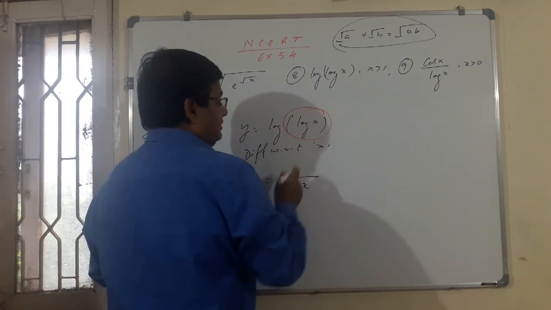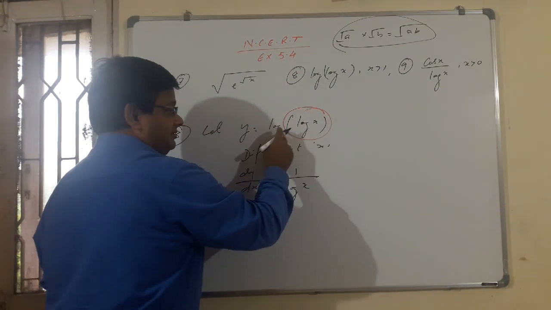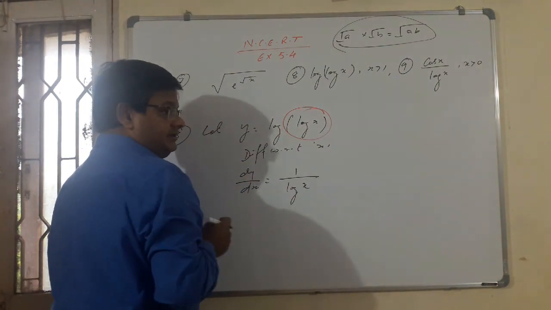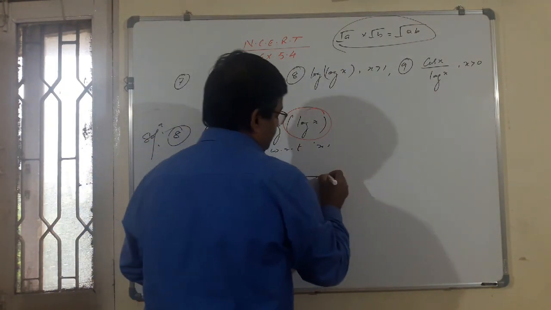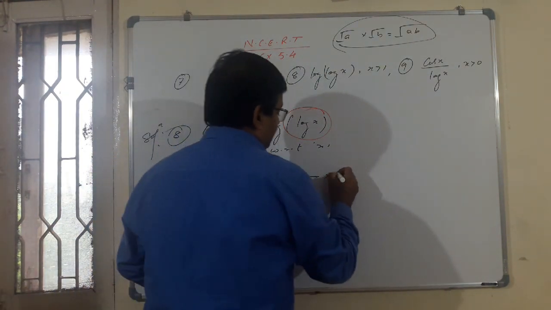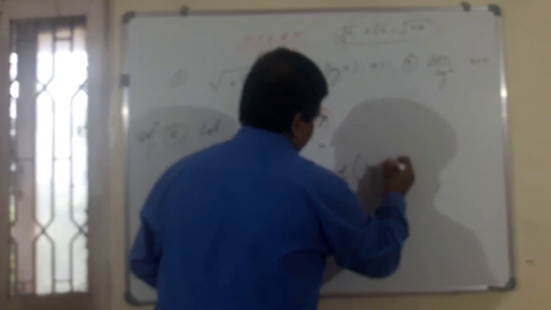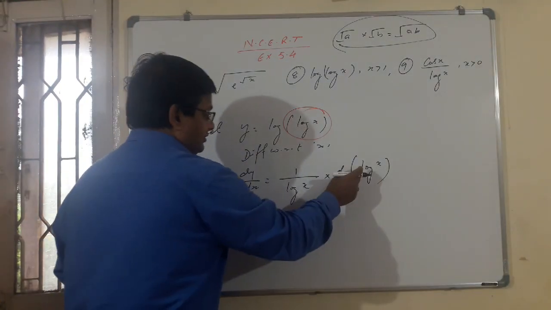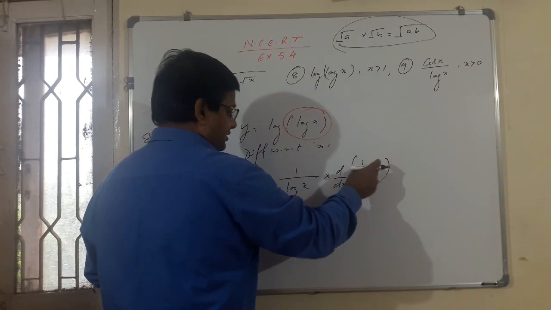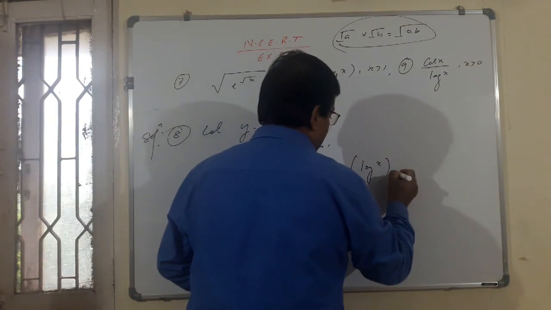Always consider the base as e. Then differentiation of log x to the base e is equal to 1 by x.